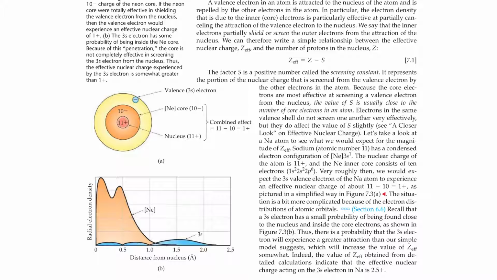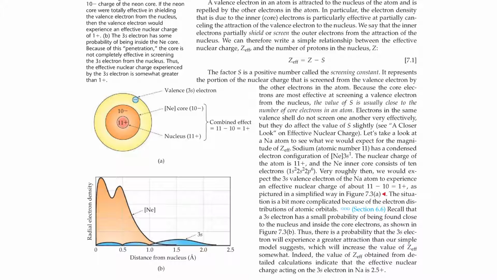Electrons in the same valence shell do not screen one another very effectively, but they do affect the value of S slightly. See A Closer Look on effective nuclear charge. Let's take a look at the sodium atom to see what we would expect for the magnitude of the effective nuclear charge. Sodium, atomic number 11, has a condensed electron configuration of neon 3s1.